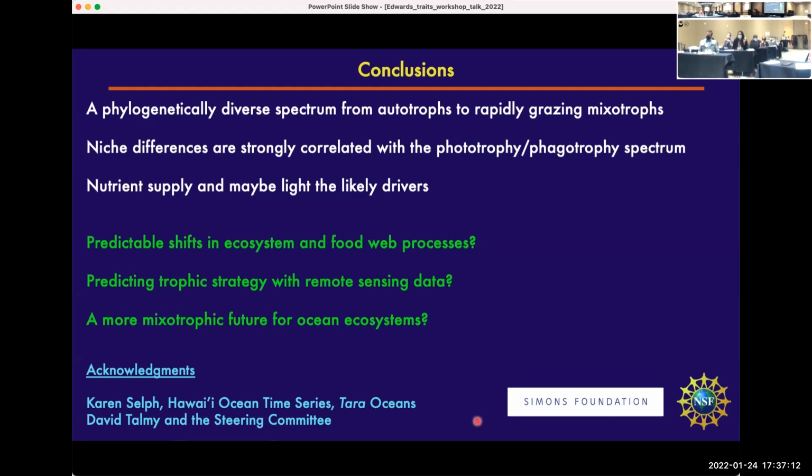Right. Yeah. One thing I can say about that is that bacteria in general tend to be more nutrient rich than phytoplankton do. And where mixotrophs stand, you might even expect there's some stoichiometric spectrum among these different mixotrophs that we've been studying, but we don't have any data on that.